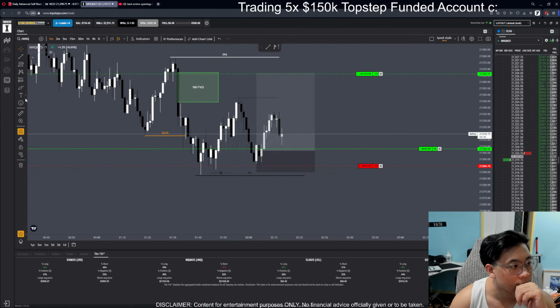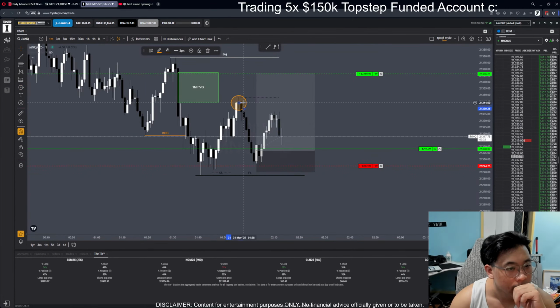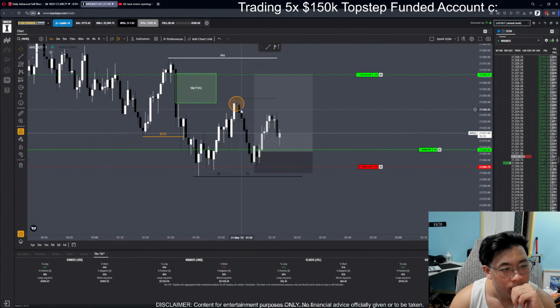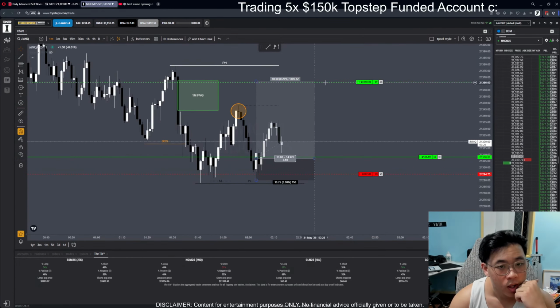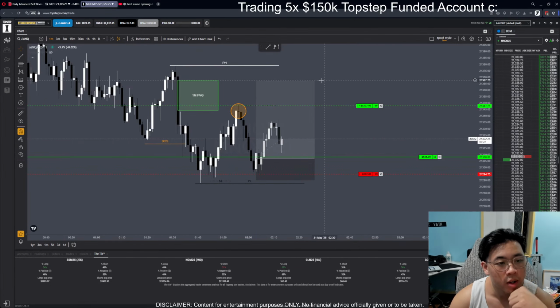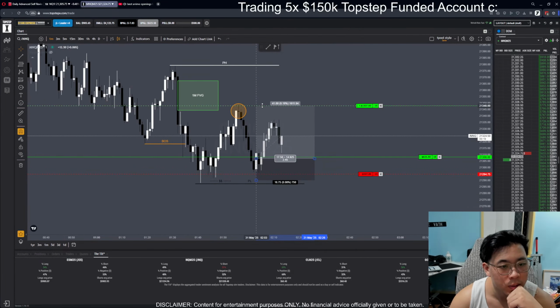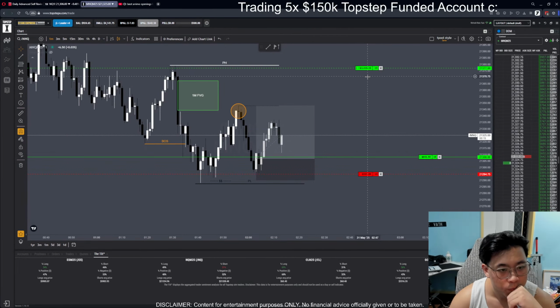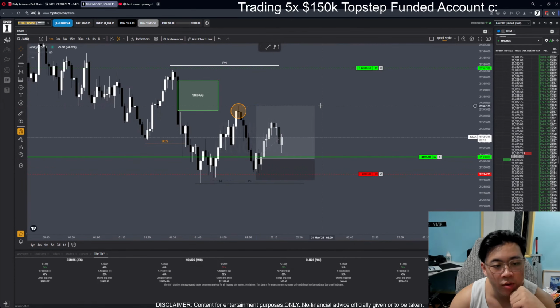This one has failed internally to break that. Still want to see price come to here. I'll be okay with taking this off the table. We just want a small scale, but keep this. I'll just trim it off as it comes up.